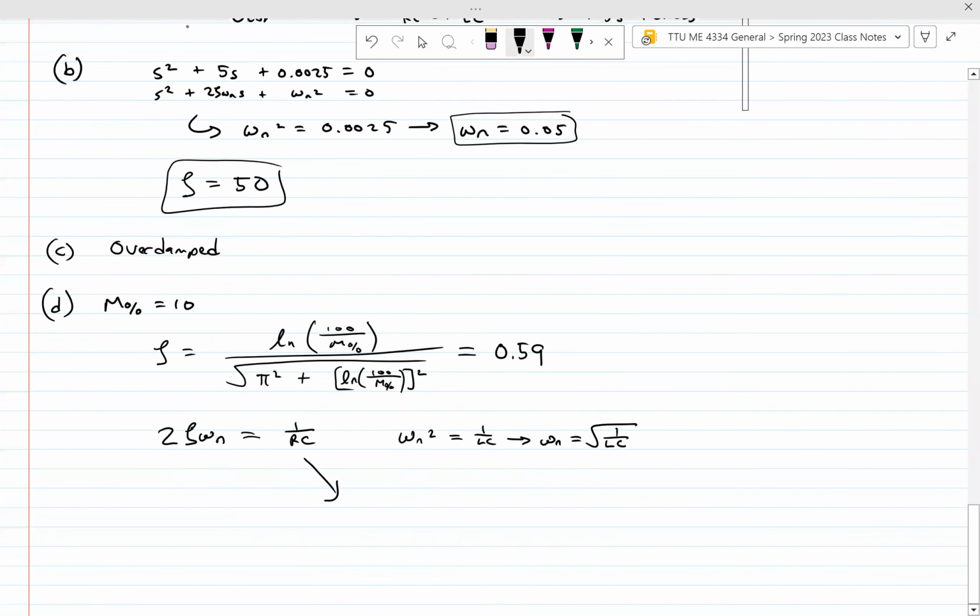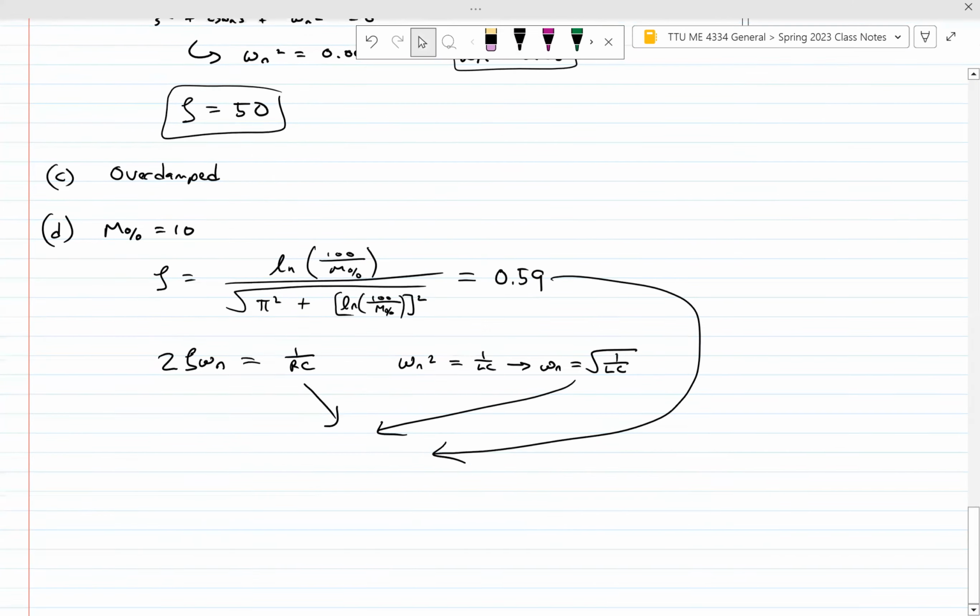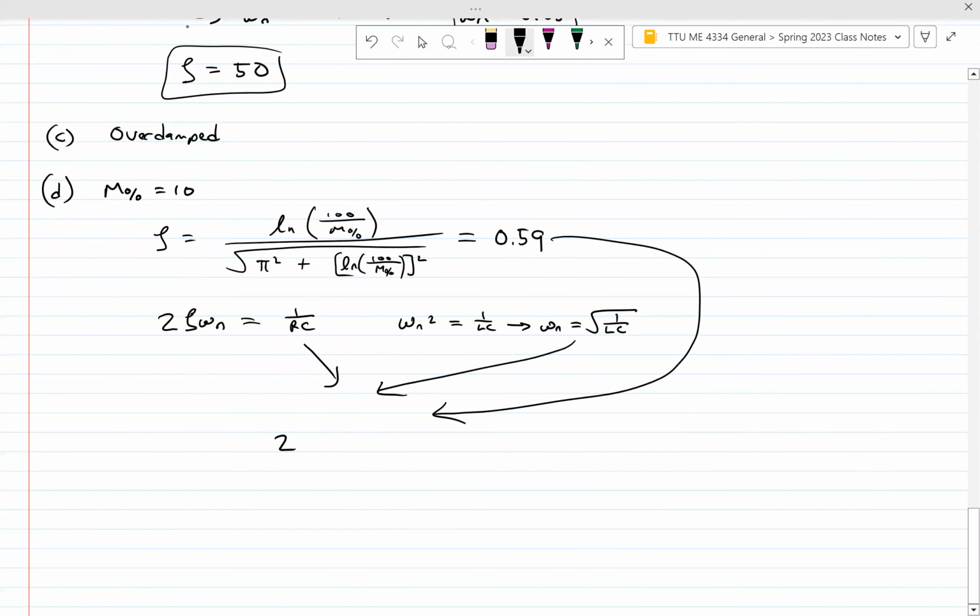Maybe let's combine these equations here together, along with our value for zeta. So 2 times 0.59 times square root of 1 over LC is equal to 1 over RC. Okay. Now what? Remember, I said change one parameter.